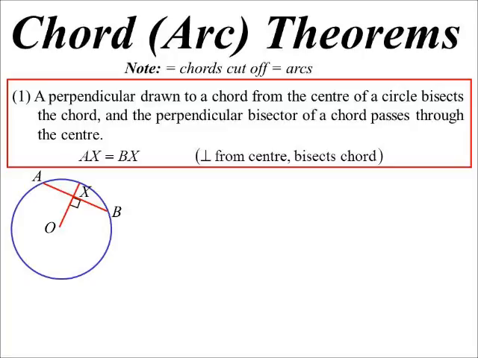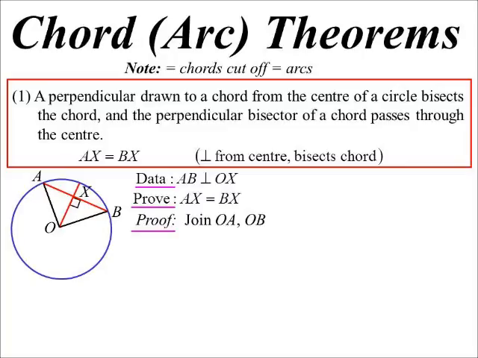I'm going to go prove that. All I know is that AB is perpendicular to OX. I'm going to prove that they are indeed equal. And you'll find most of these are done via congruent triangles. So I'm going to join up OA and OB to create a couple of triangles. Then I know the angles AXO and BXO are both 90 degrees, so I've got an angle.